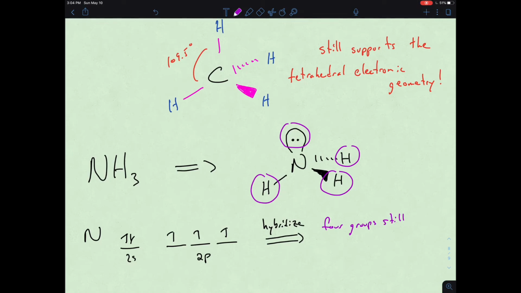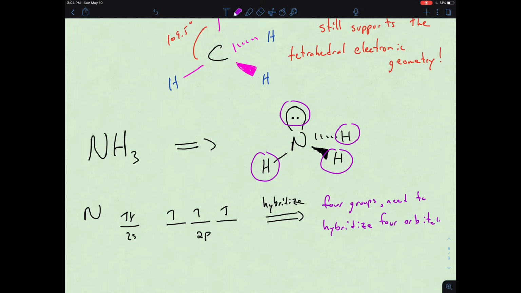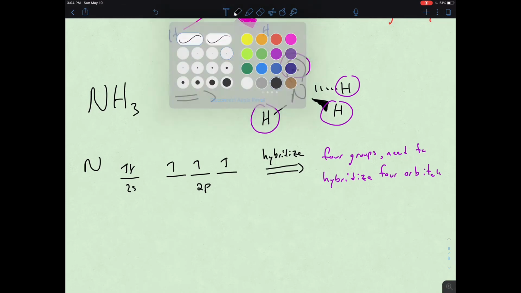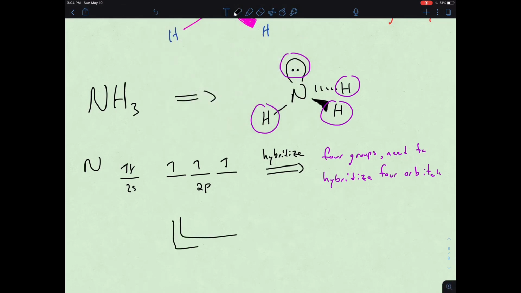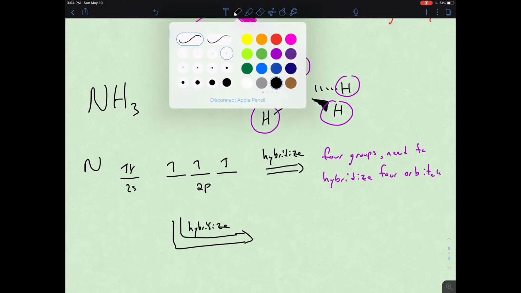So that means we need to hybridize 4 of those orbitals. So if we do that process of hybridization, we're going to hybridize all 4.